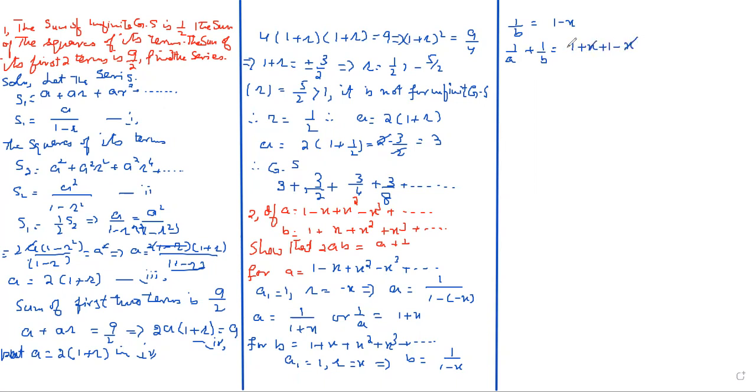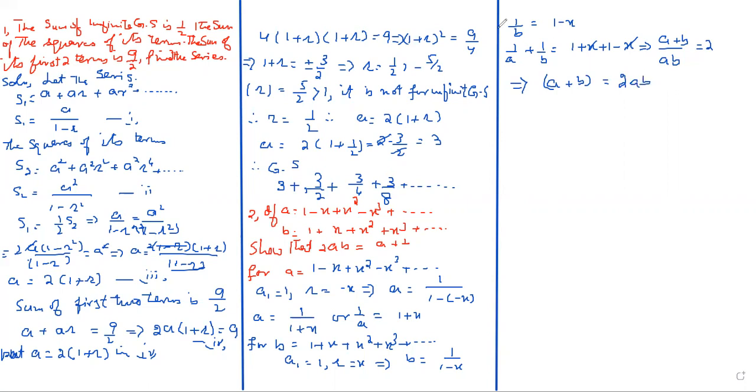These two got cancelled, and we have on the left hand side A plus B over AB equals 2. This implies 2AB equals A plus B.